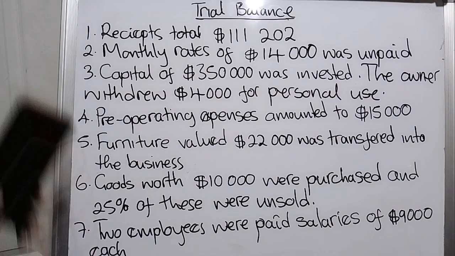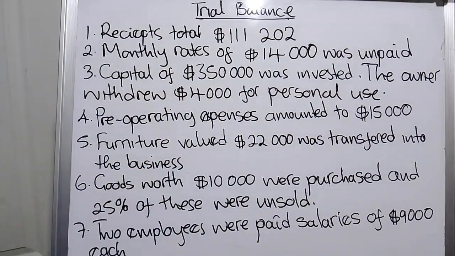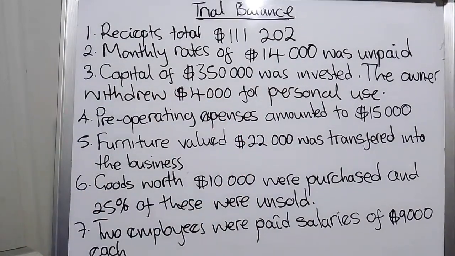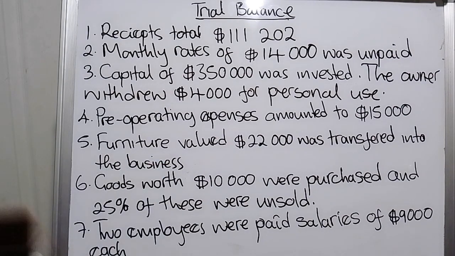Looking at this statement, we can identify the two accounts which are involved. When we make sales, we debit money into the bank account. It means we put money into the bank account and our sales also increase. So the two accounts involved are the bank account and the sales account.